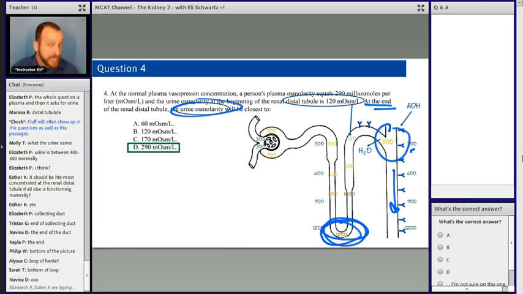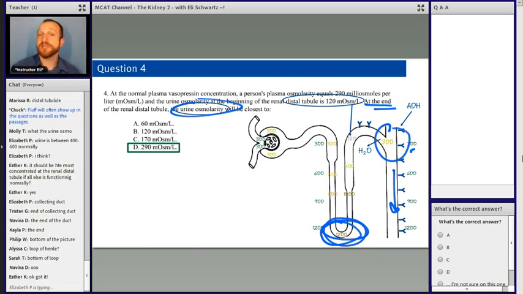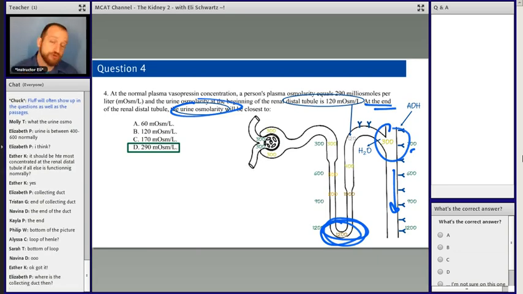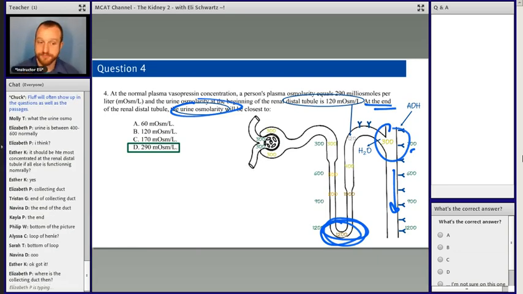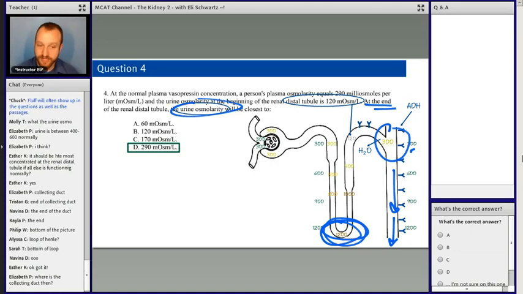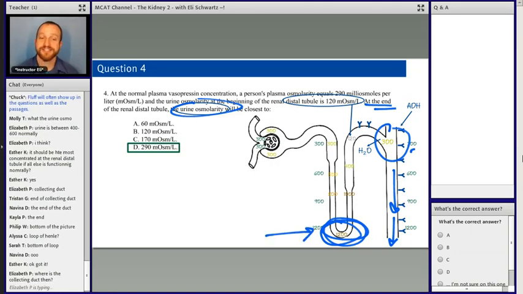And actually, loop of Henle is the way we determine generally the strength of the gradient in order to concentrate urine. So collecting duct is all the stuff over here on the right-hand side, right? Sort of like the drain. It goes down and out. But then the loop of Henle is the highest concentration we would ever get within the nephron. And the further down the loop of Henle is, the stronger and stronger that gradient is that we can use to concentrate urine.